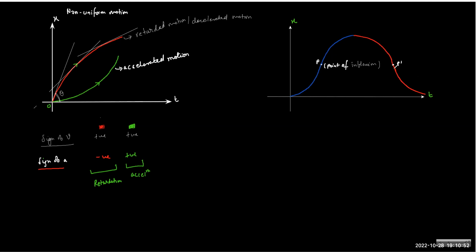And for the red one, P dash is the point of inflection, because from concave down it becomes concave up. So we describe it like this: O, P, Q, P dash. That's called Q dash.